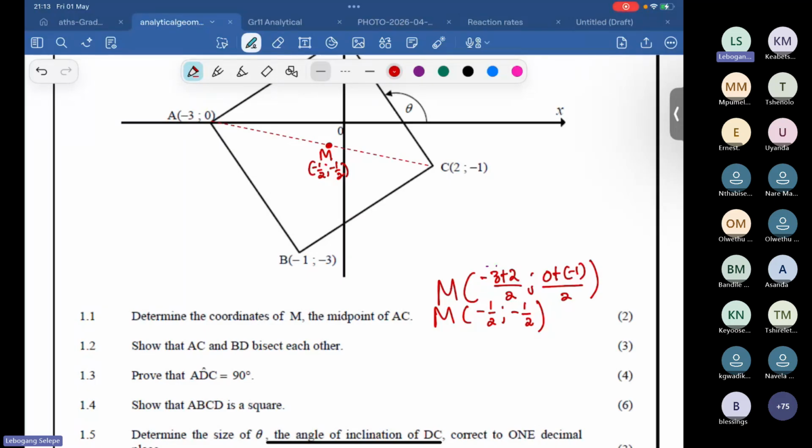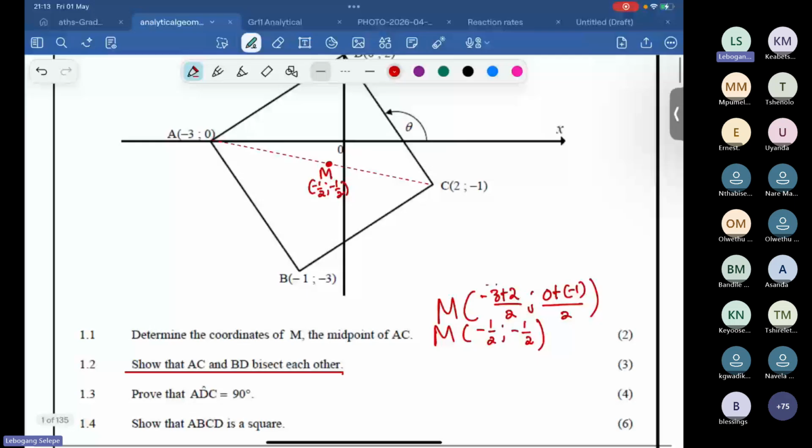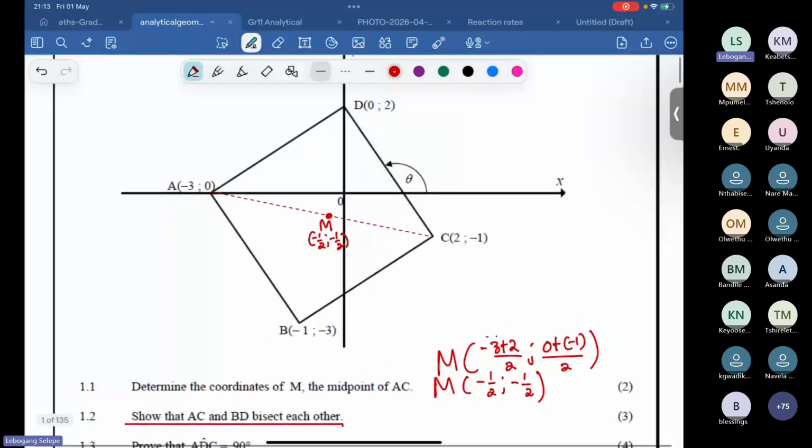Then the question says, show that AC and BD bisect each other. This is a very important statement. First things first, you need to remind yourself, what does it mean to bisect? Bisect basically means to cut in half. So the question says to show that the lines AC and BD bisect each other.